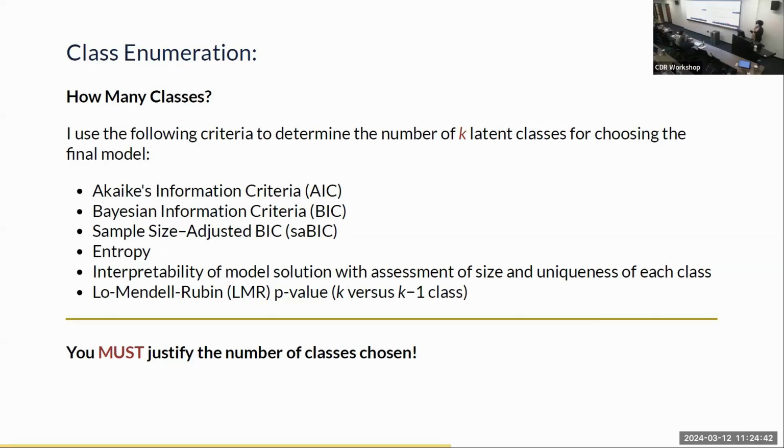There's also the sample size adjusted fit, entropy, and you also have to see the interpretability of the model solution with assessment of size and uniqueness of each class, and also the Lo-Mendell-Rubin p-value, where you're basically looking at if, let's say, your 4-class solution is performing better than your 3-class solution. Of course, there are other things that you could consider, but these are the ones I mainly use in practice. But the point is you have to justify the number of classes chosen.